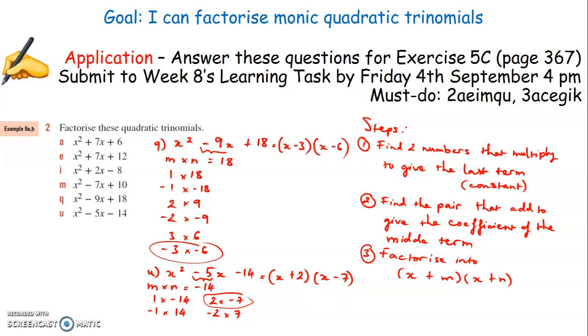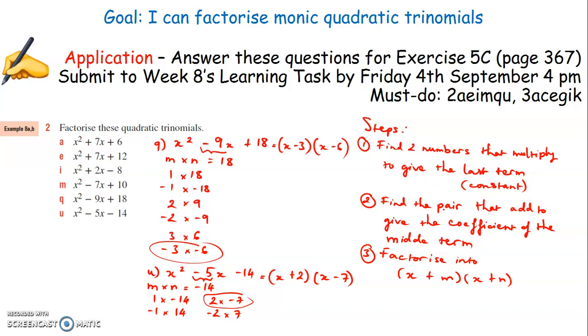As you can see, as long as we follow these 3 steps, it may take a while to write out all the pairs, but once we've done that, we can find the two numbers very easily. We find the two numbers that fit our criteria.